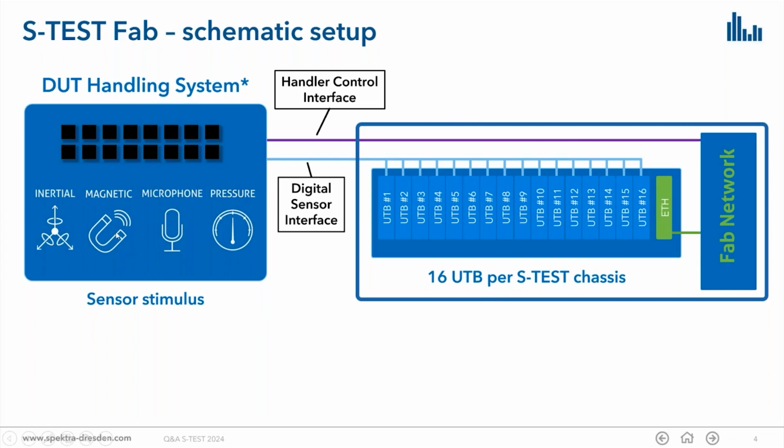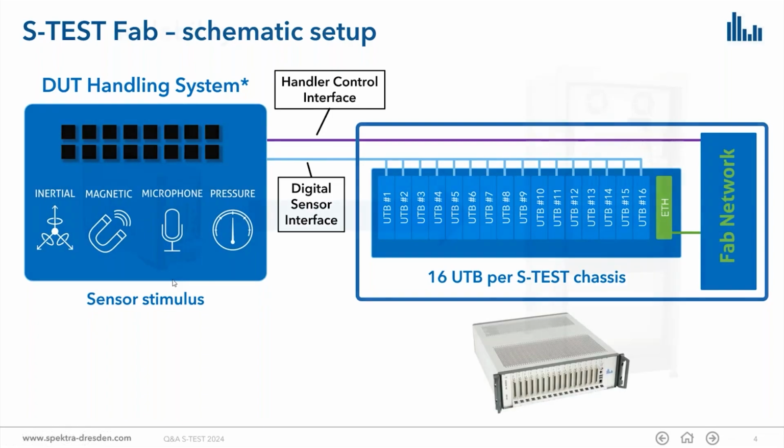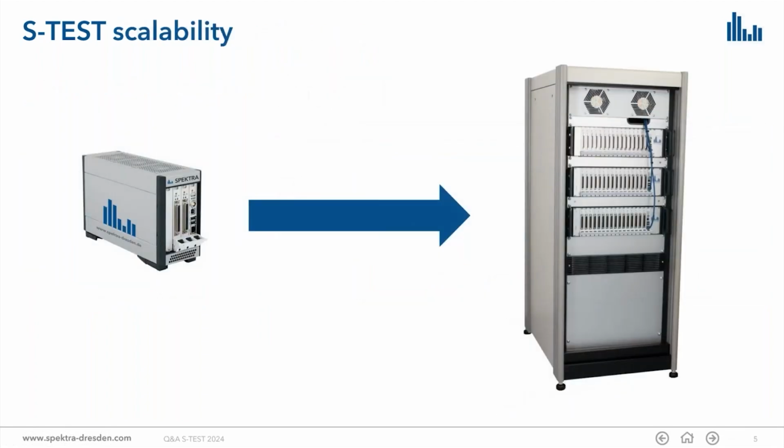Because the DOT handling system, everything that loads and unloads large quantities of sensors and applies different forces, inertial stimulus, magnetic fields, acoustic stimulation for microphones, anything that is required to stimulate the sensor, that is done usually by partners. So having said that, this in the end is what an S-TEST Lab on the left-hand side and an S-TEST Fab looks like.